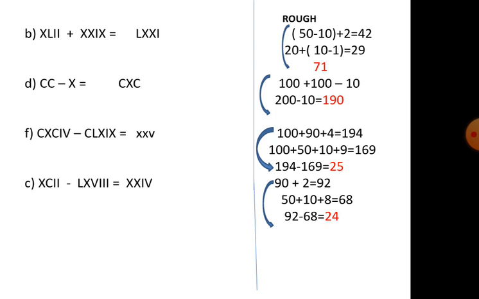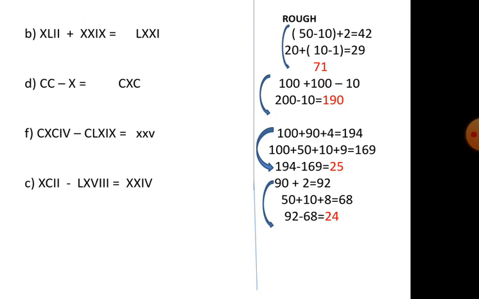So 20 plus, and this we got previously also: the smaller digit is written on the left of the greater one, we will subtract it. That is 10 minus 1, that is 9. So it will be 29. So 29 plus 42. That is 71. So 71 we will be writing in Roman numerals. 70 means 50 is L, 50, 60, 70. 10, 10 is 70, plus 1, 71.